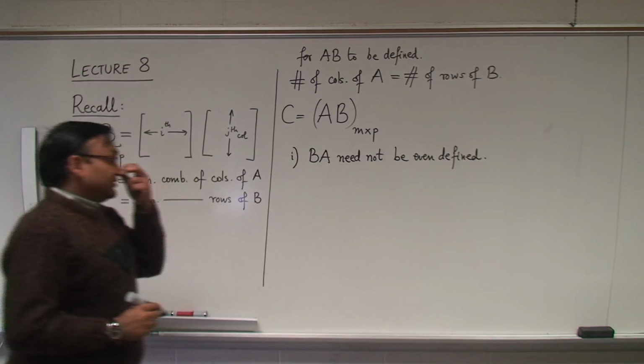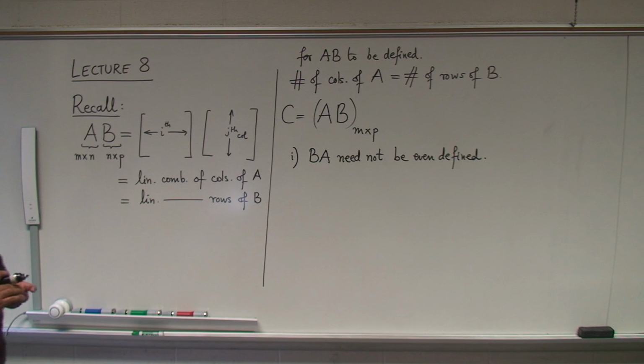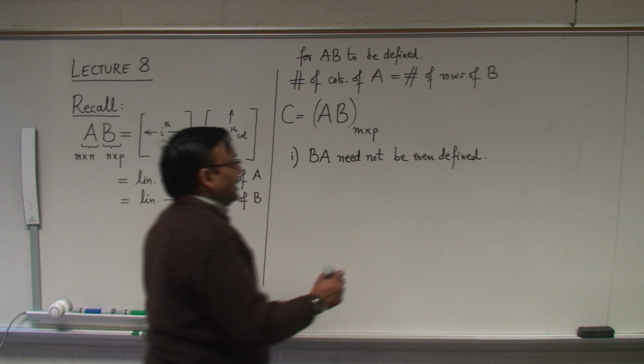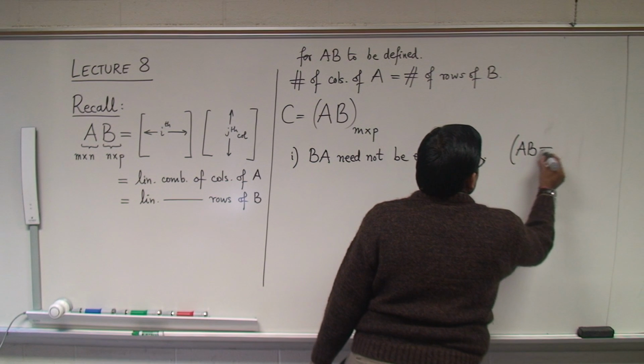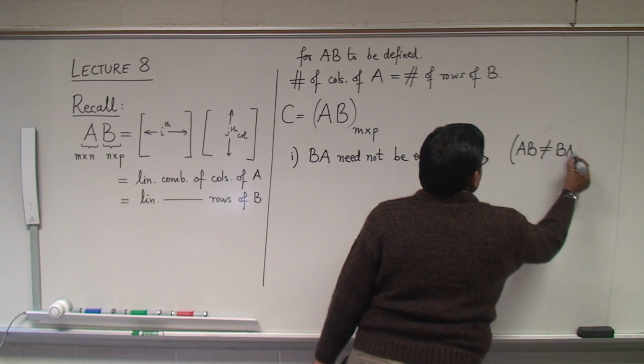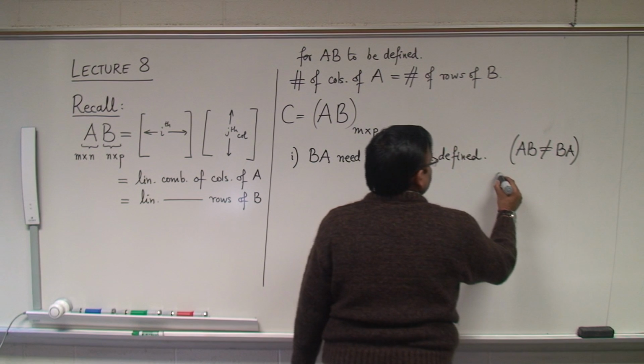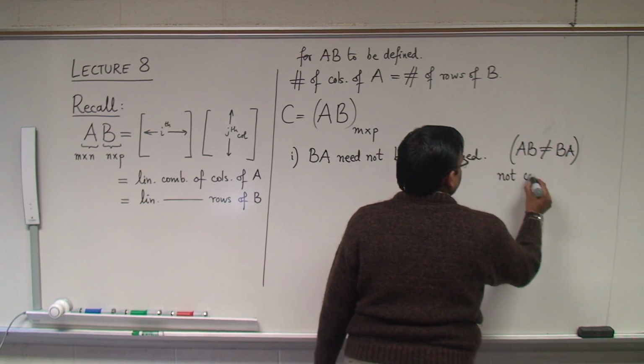So this is the first kind of non-intuitive thing that we see for the first time, that A times B need not be equal to B times A. So matrix multiplication is not commutative.